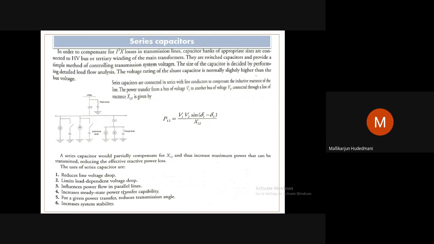It influences power flow in a parallel line, because it is definitely going to cause a better phenomenon. It increases steady state power transfer capability. For a given power transfer, it reduces the transmission angle, because this angular difference delta 1 delta 2 which we are speaking of is also influenced by the total reactance of the system.